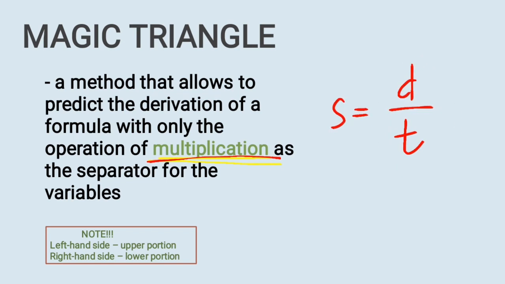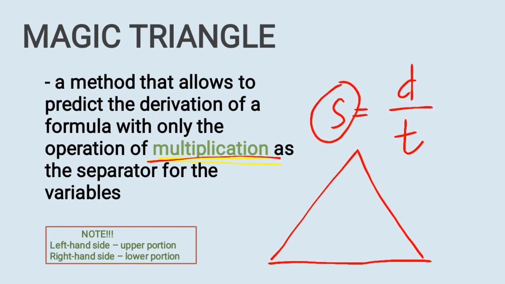So, in here, we can use the magic triangle. But instead of having this left-hand side placed on the upper portion, what we're gonna do is to place it on the lower portion, which is here, S, and the D is here, and the time is here.